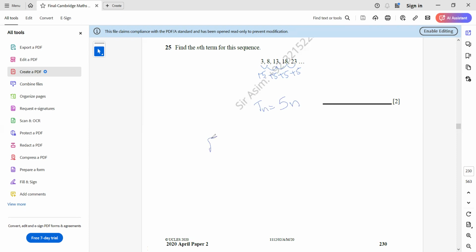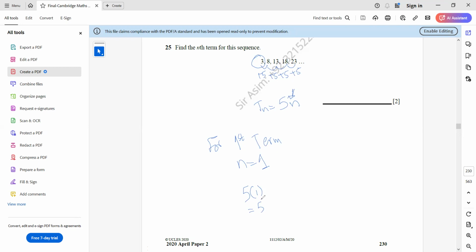Now, for the first term of this sequence, n should be equal to 1. N equals 1 means you are going to check the first term. Replace n equals 1 in this expression now. You will get 5 times 1, which is 5.